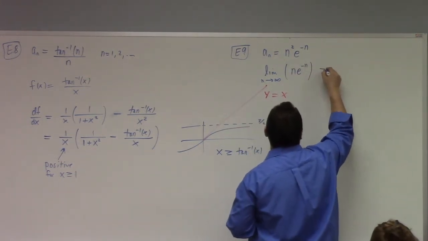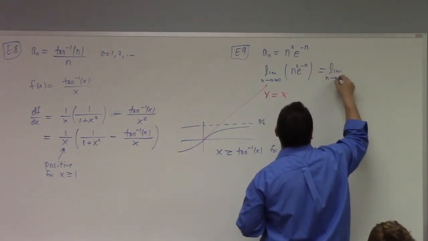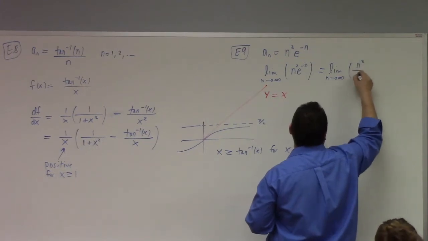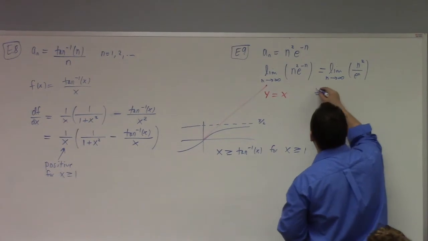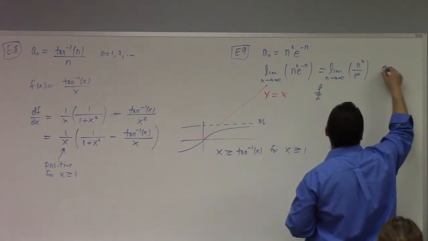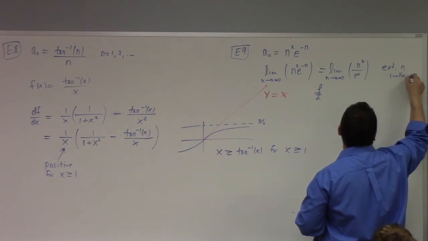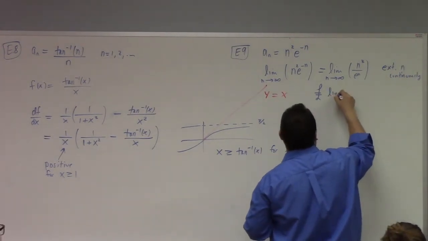So what I would do is I would look at this as n squared over e to the n, right? And I would apply L'Hopital's rule, extend n continuously. So I can use L'Hopital's rule. And what would that give me?